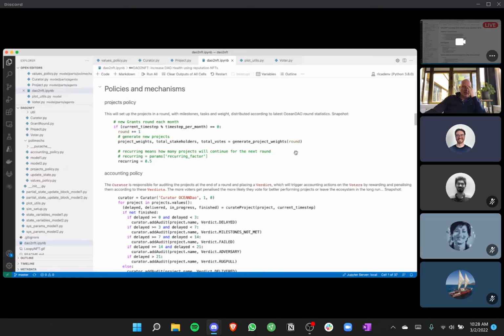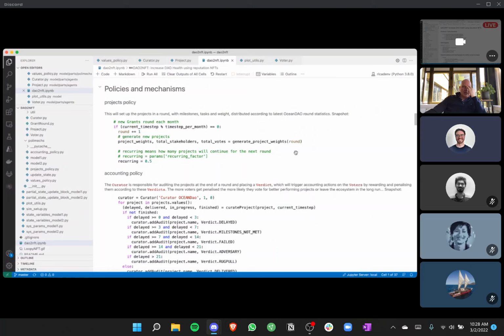And voters, this is the interesting part, are basically in the Ocean DAO round now. We just have voters voting for projects, and they don't risk anything by voting on these projects, either yes or no votes. So what we introduced, and I think Rodolfo mentioned it as a future key, is that there is in fact a risk involved in voting.